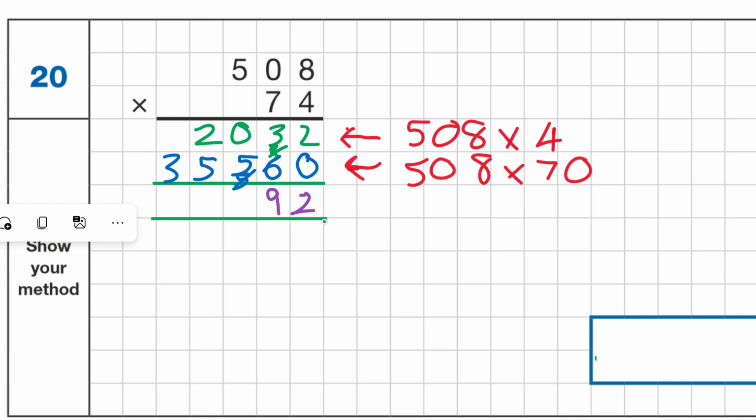That's why a lot of times you're told to put your carried digits at the top. 0 plus 5 is 5, 2 plus 5 is 7, and nothing plus 3 is 3. So I have my final answer. You just need to make sure that you write that number in digit by digit very carefully. 3, 7, 5, 9, and 2.